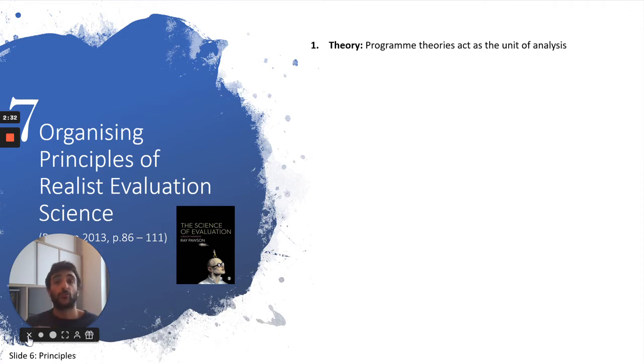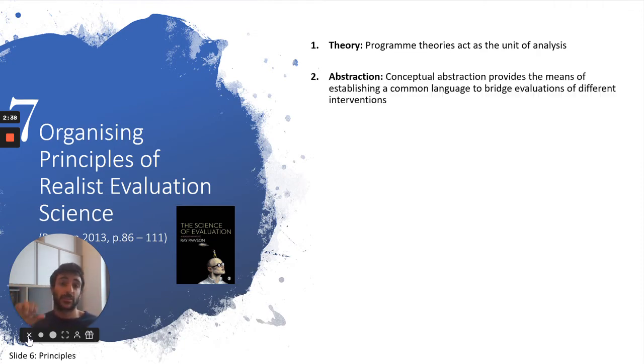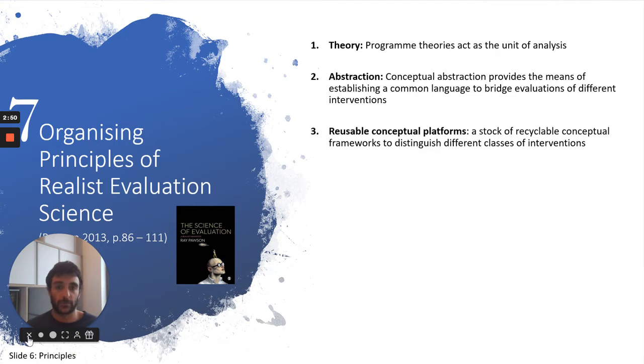But in order to communicate between different evaluations, between different research, between different sectors, disciplines, etc., we need a certain level of abstraction in order to speak a common language. It's only by speaking a common language that we can bring together all the findings and data from these different evaluations.